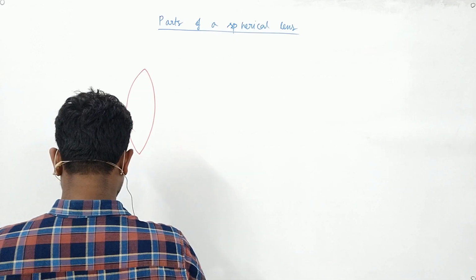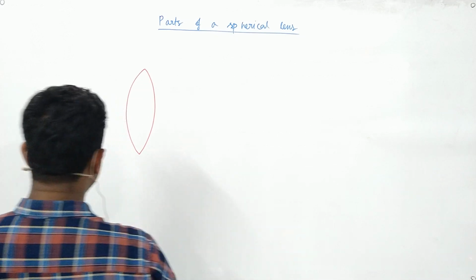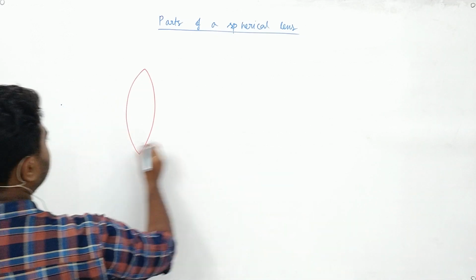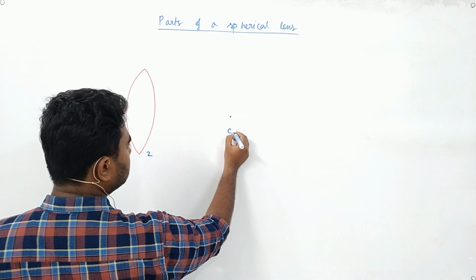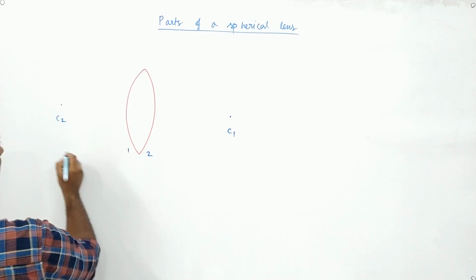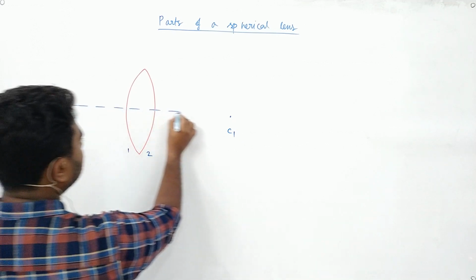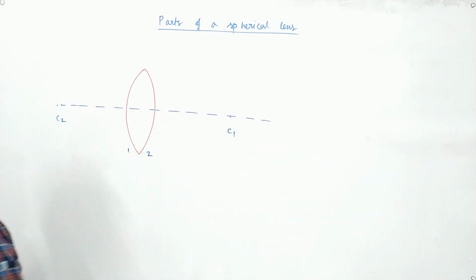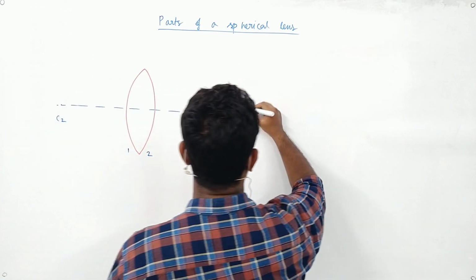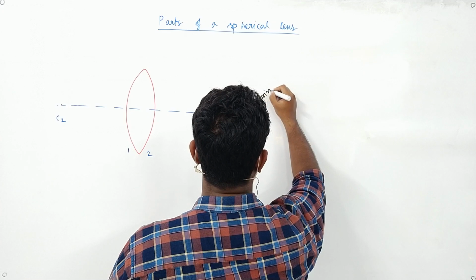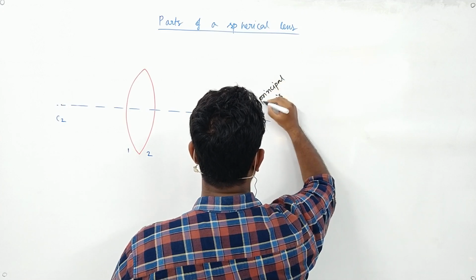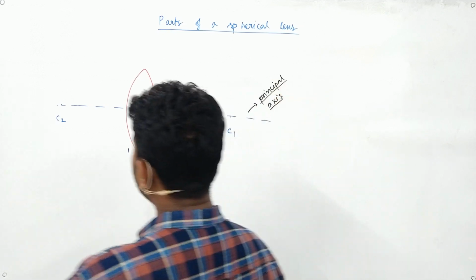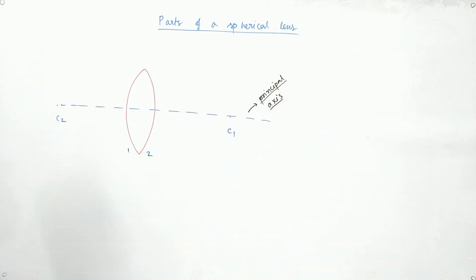Now, the line joining the two centers of curvature, if this is surface 1, surface 2, this is center of curvature 1, this is center of curvature 2. The line joining the two centers of curvature is known as the principal axis.